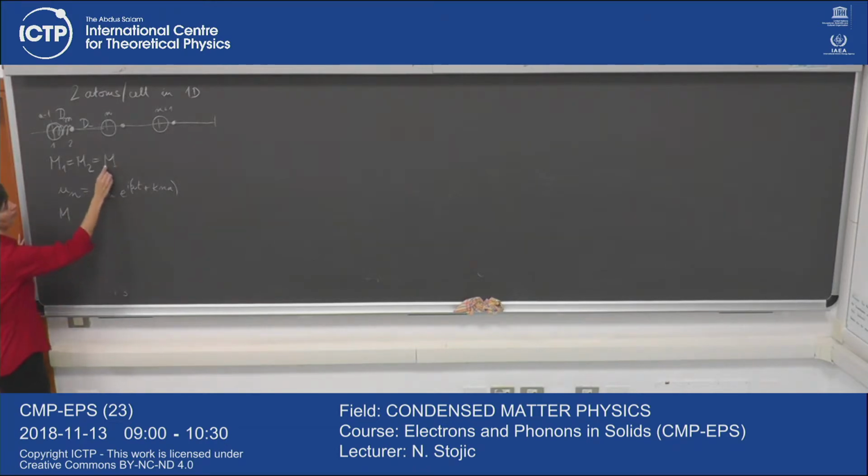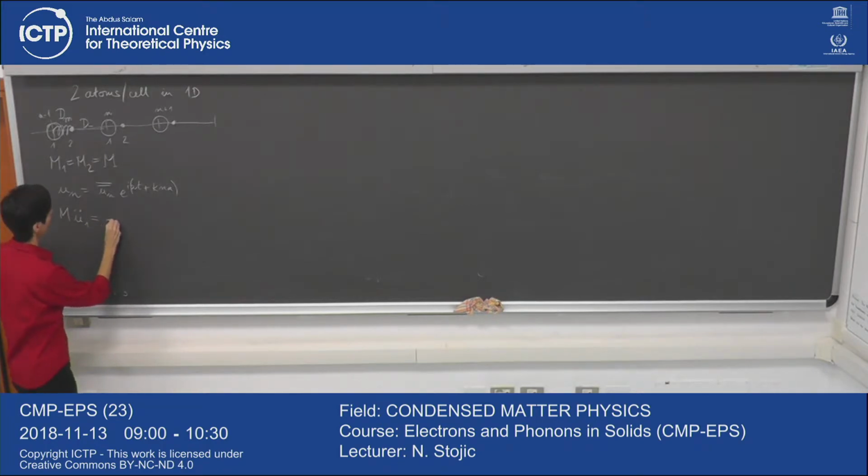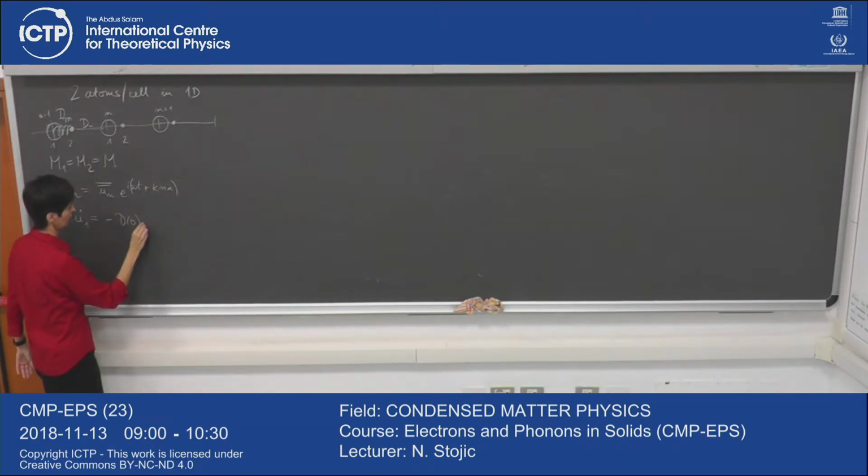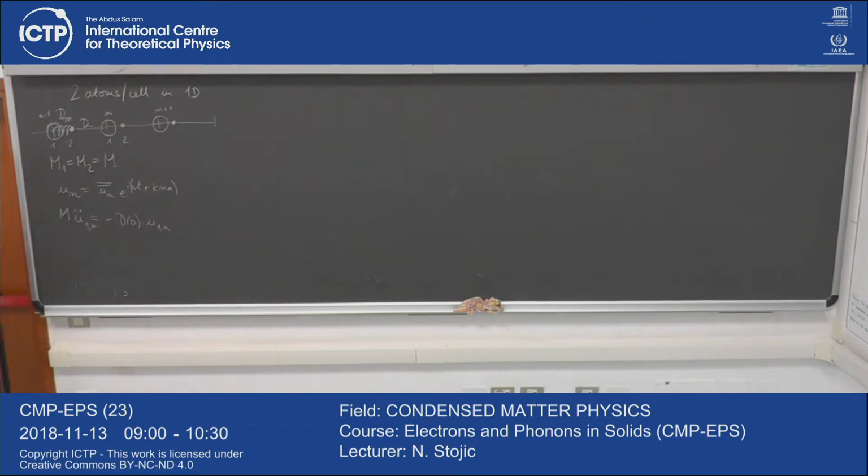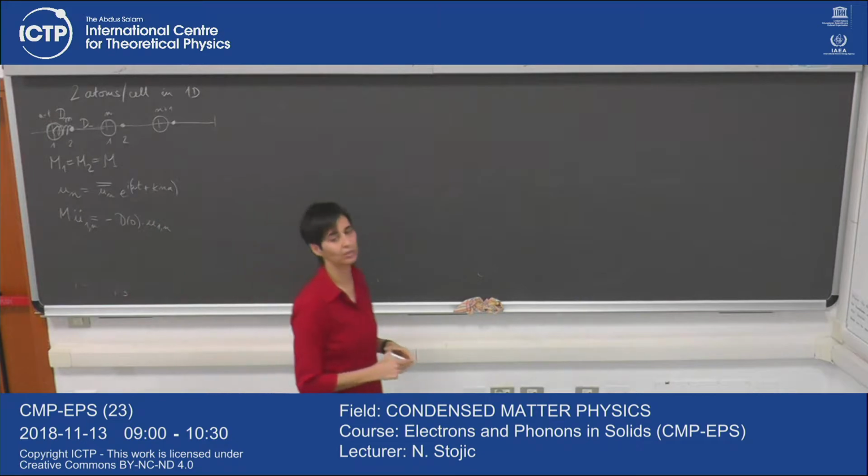I'll just use mass M, U1. Now this is the sum of all the force constants and displacements, times displacement U1, and I should keep the index n for the cell because it will interact.